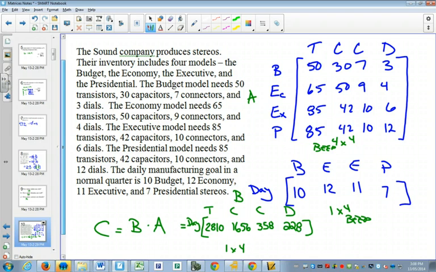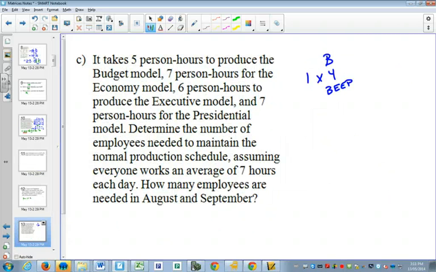All right, let me just pause this. So we're going to have to match whatever matrix we make, because we want to figure out how much the production is every day. In a normal production, we're going to have to match it up with matrix B, and matrix B was the daily production of budget, economy, executive, and presidential.